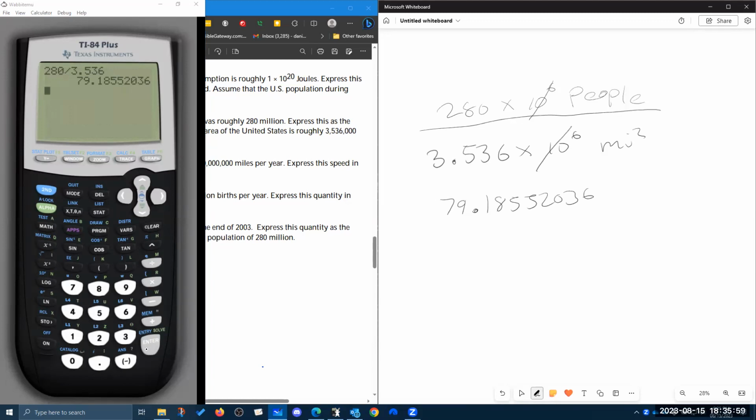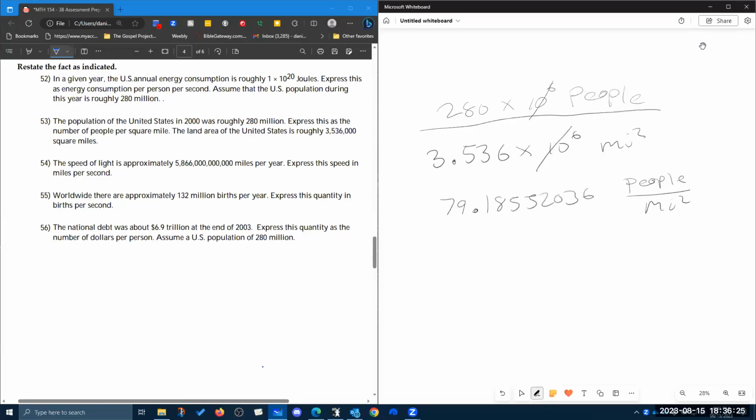There's no times 10 to the anything. People per square mile. And this was rounded to the nearest person, so it's about 79 people per square mile.